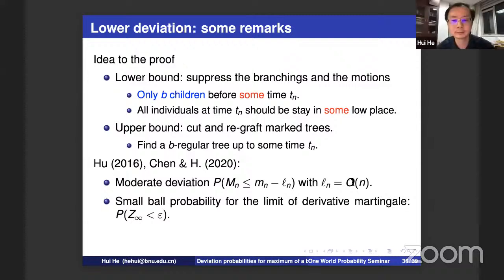Would it be possible to relax this for any other order? I think Ln is just, how to say, meant to include all the possible cases, and it could be even larger. For example, it could be n to some power or n square or something like that.